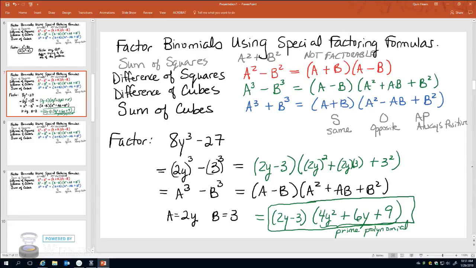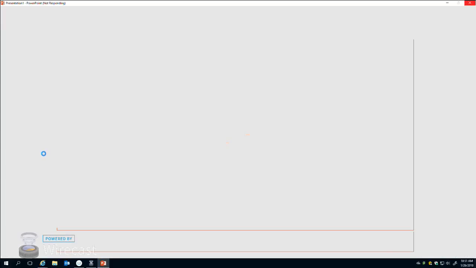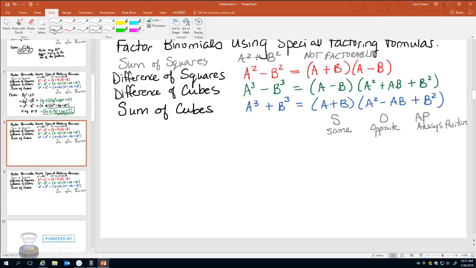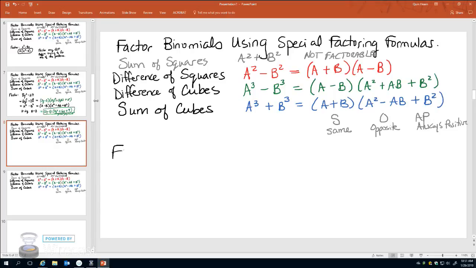Let's look at another one. Okay, all right, so how about if I asked you to factor 8a cubed plus 1.